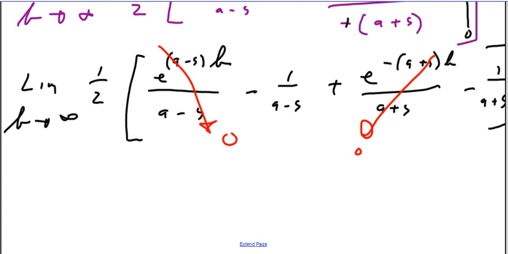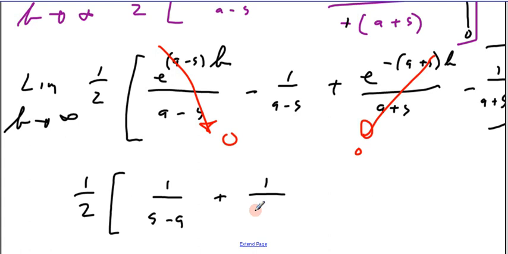I get 1/2, 1 over s minus a plus 1 over, well, it'd be s plus a. Okay, well, that seems like a reasonable thing to happen.